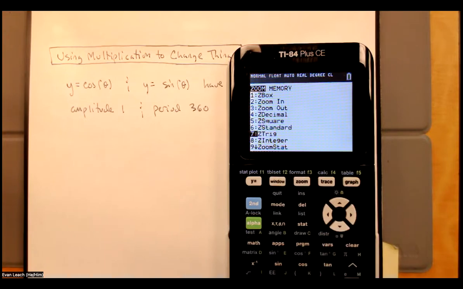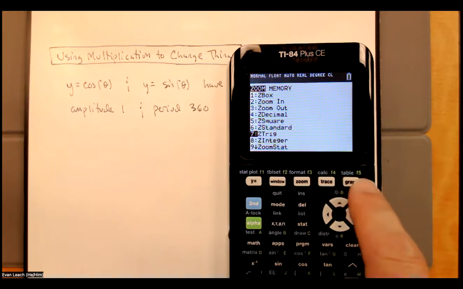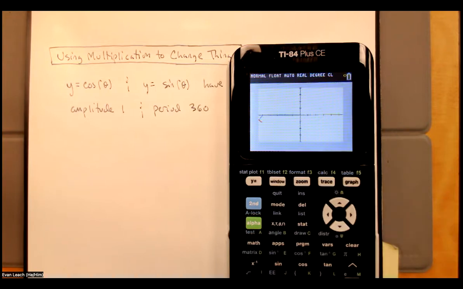I got all these preset windows, and I'm going to use the trig window instead of the standard window, or the square window, or the decimal window, or just the box. We want to use the trig. And then hit enter, and it'll draw our sine and cosine.